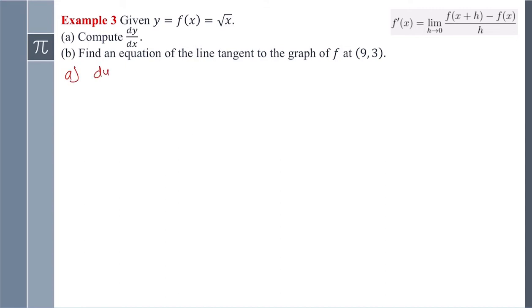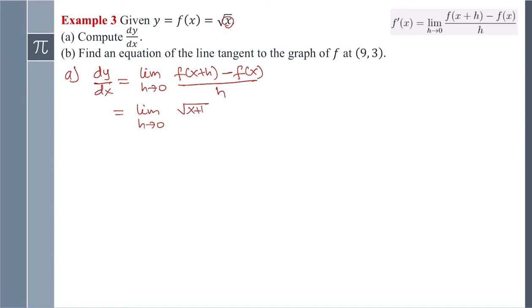So dy over dx equals, the definition is the limit as h approaches 0 of f of x plus h minus f of x, divided by h. Now this equals the limit as h approaches 0. For f of x plus h, we just substitute x with x plus h. So it is the square root of x plus h minus f of x, which is the square root of x, divided by h.